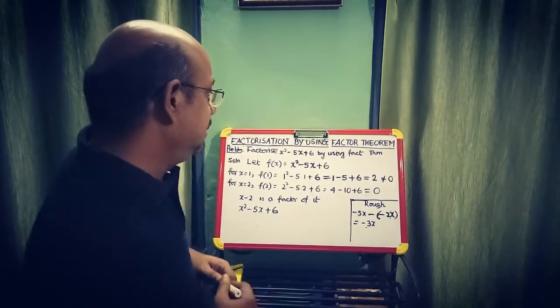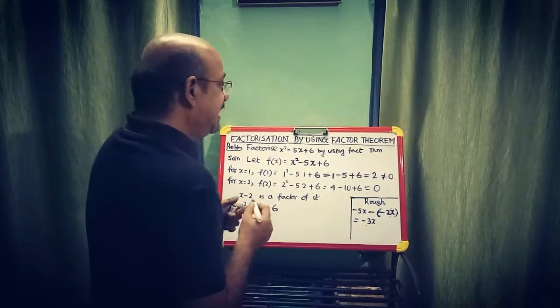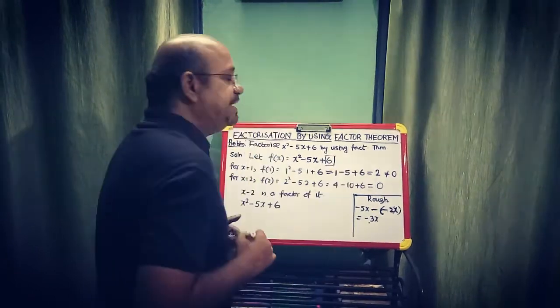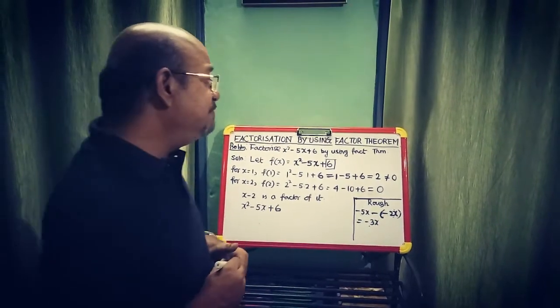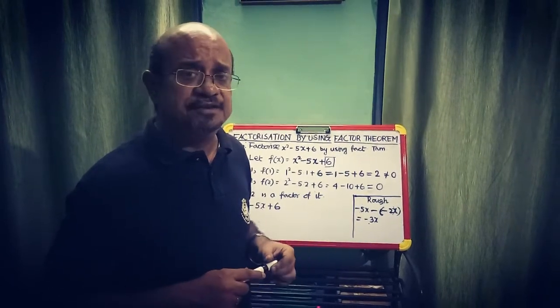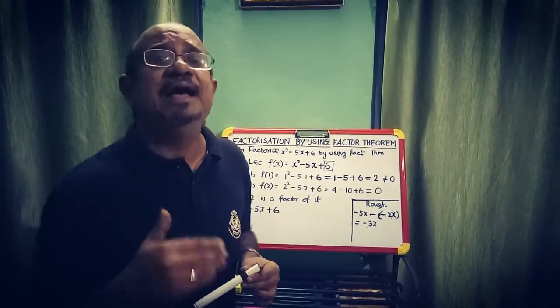See that. Our f(x) was x square minus 5x plus 6 and the constant term is 6. We identify the constant term and then we find out the factors of 6. What are the factors of 6? The factors of 6 are 1, 2, 3 and 6.